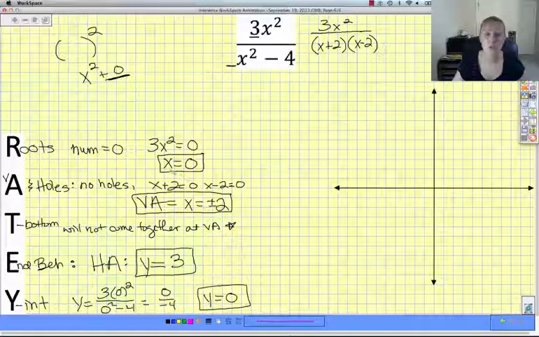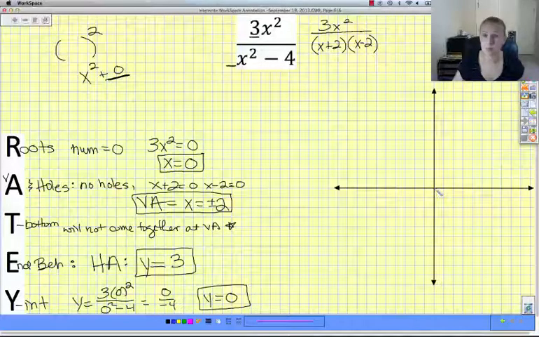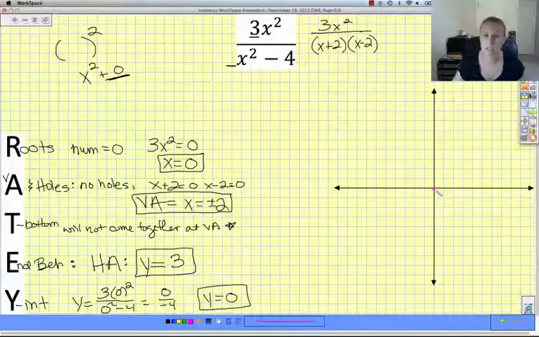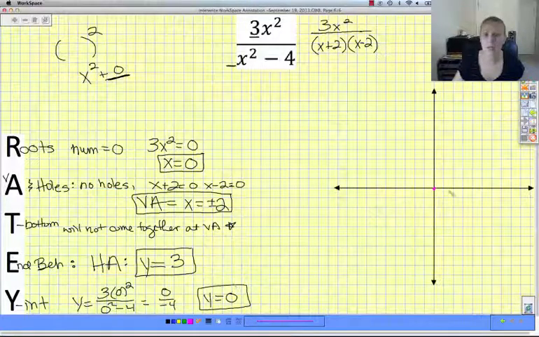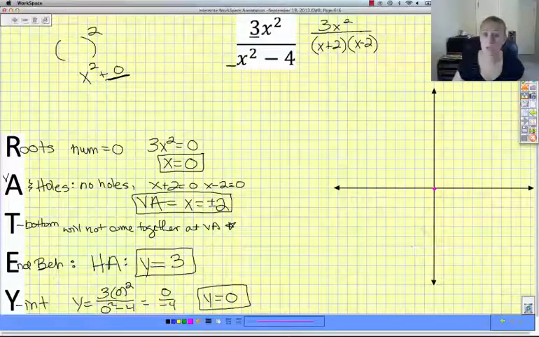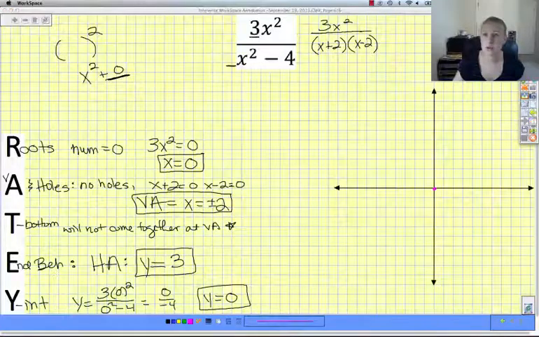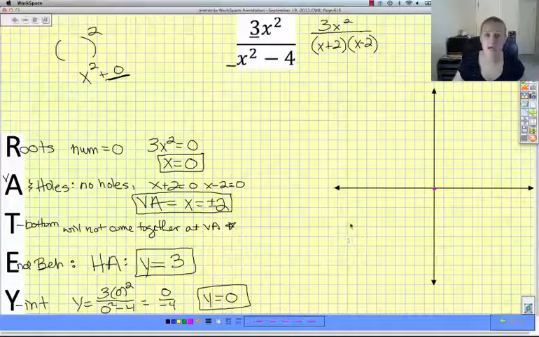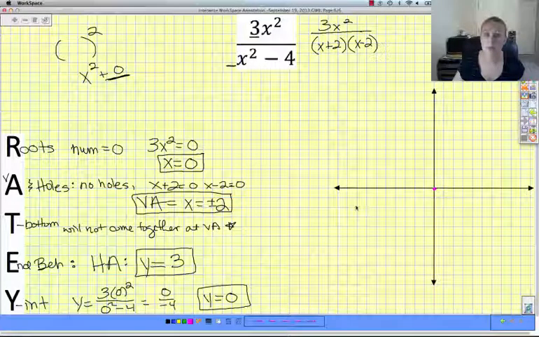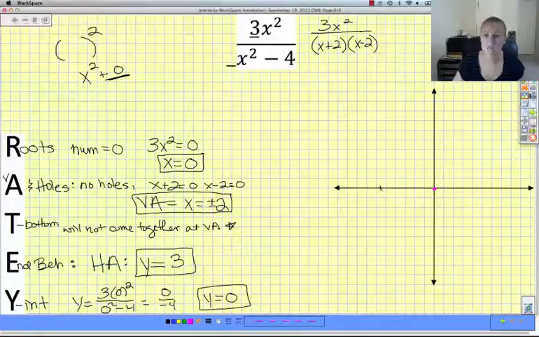So we're going to start by plotting x equals 0. Now notice that when x is 0 as a root, it's on the x-axis, and y is also 0, those are the same point. In fact, it's going to go straight through the origin. The next thing we're concerned with is our vertical asymptotes. Now, vertical asymptotes are something that we cannot see, so we draw them as imaginary lines because the function is going to get very close to these points, but it is not going to touch them.